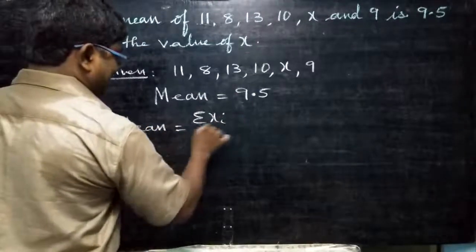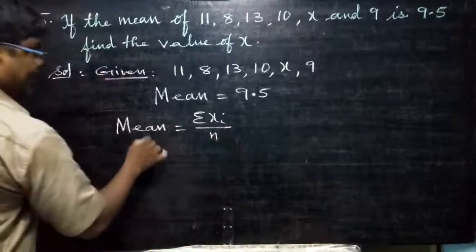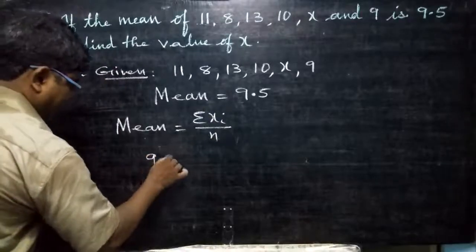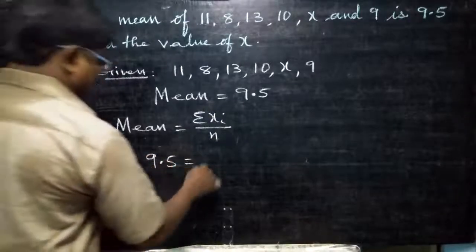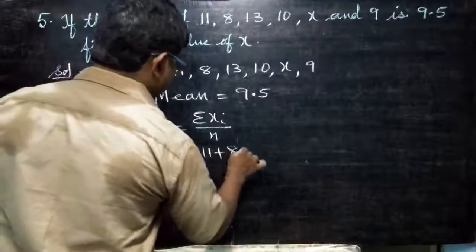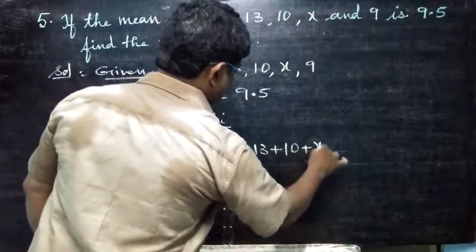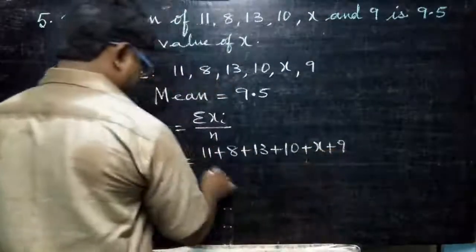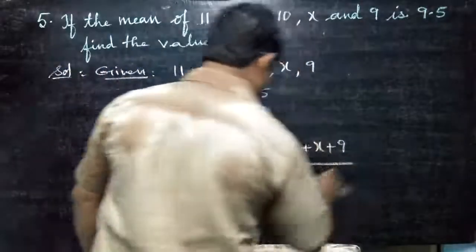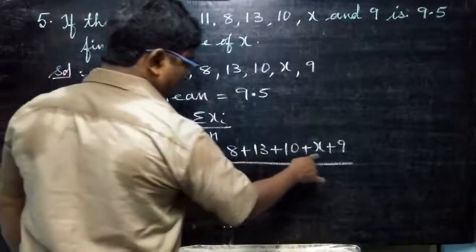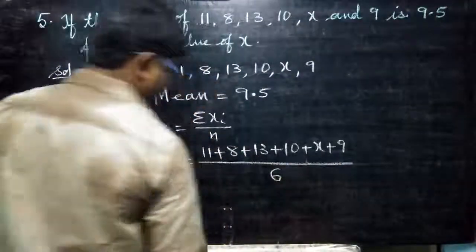Sigma xi by n. Mean, which is given as 9.5, is equal to 11 plus 8 plus 13 plus 10 plus x plus 9 by, how many observations? 1, 2, 3, 4, 5, 6. Divide with 6.